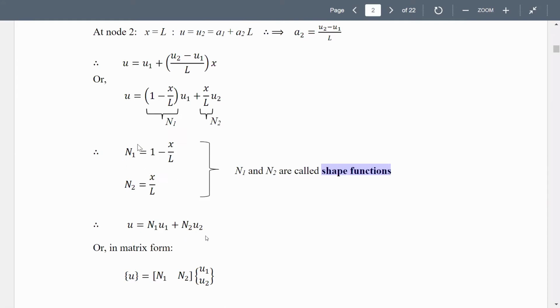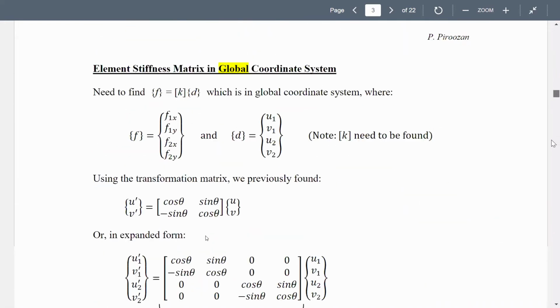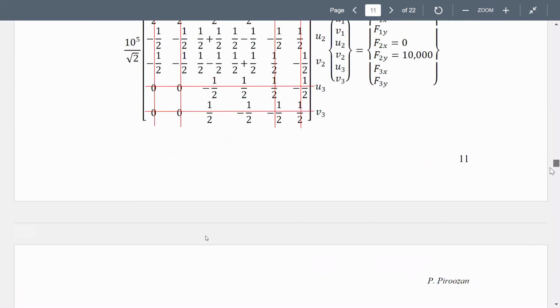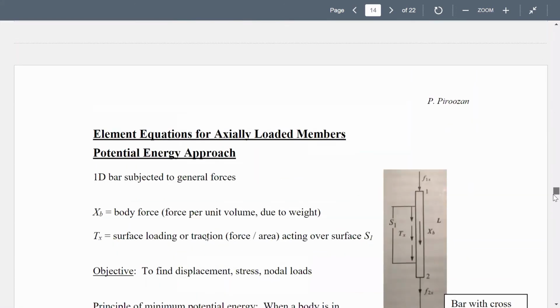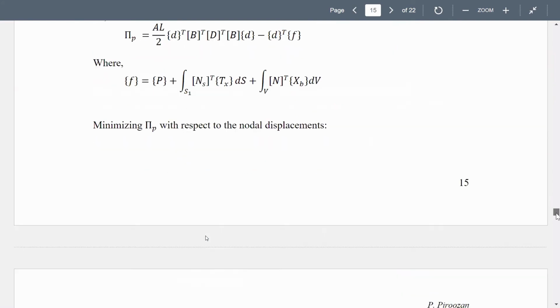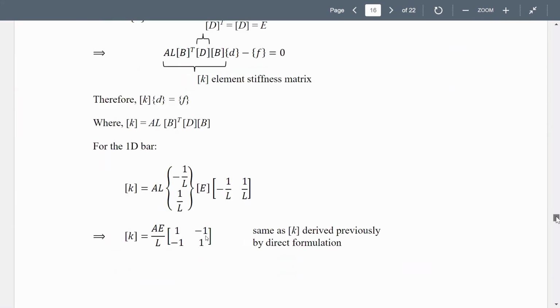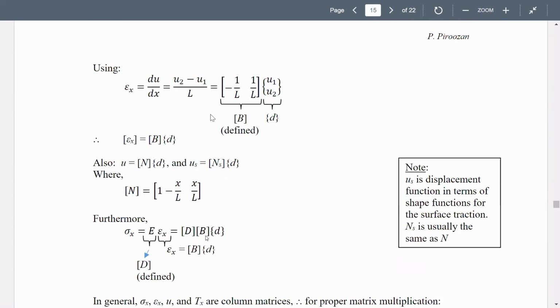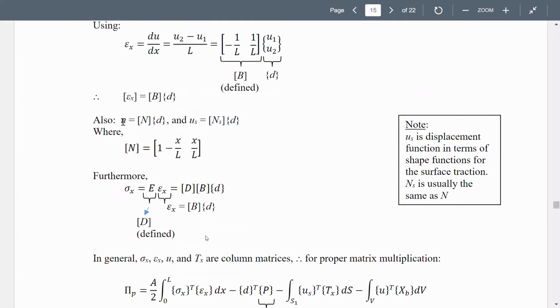This is our N matrix, and this is D. So for U, we are making this substitution, U equals ND, where N is given by this.